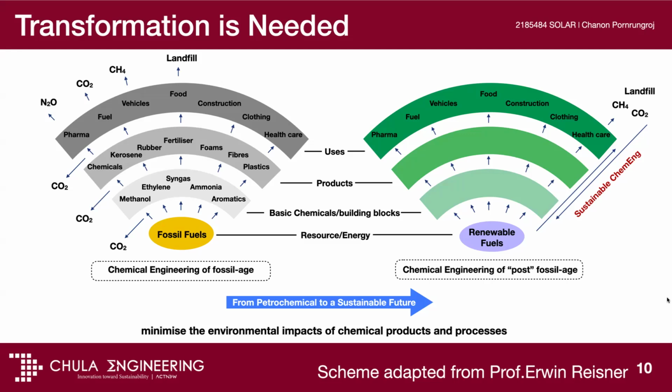And from each step, each process, it releases carbon dioxide, right? Because you burn it, you do something with it. And when we use it, towards the end of the life cycle, we just put it in a landfill, and that again digests and converts into different carbon gases, like greenhouse gas emissions, right?